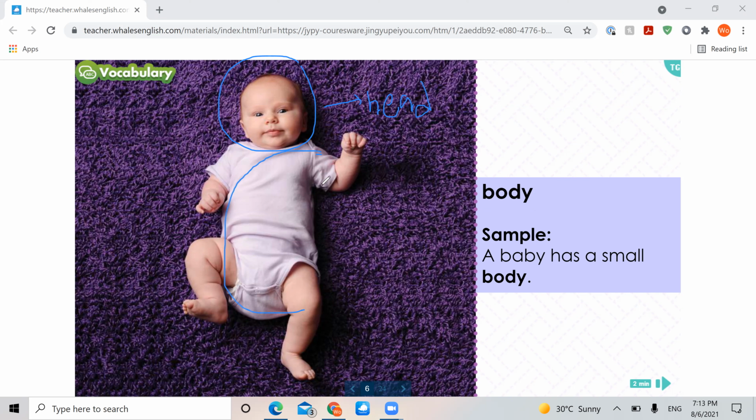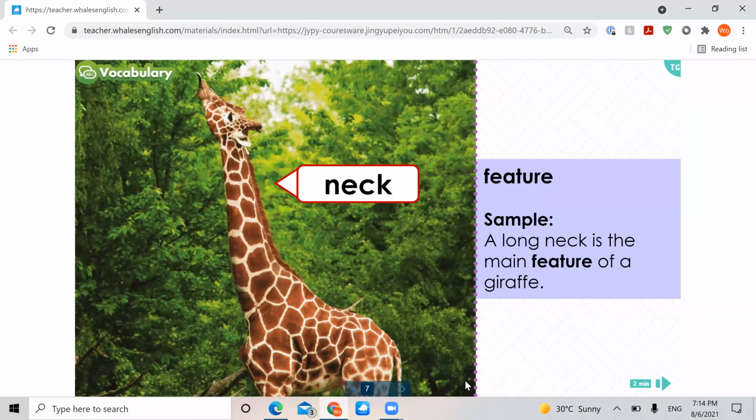And what's that? That's right. That's the baby's body. Do you have a big body or a small body? Yeah, a bigger body than the baby. Wow. That's one tall giraffe.